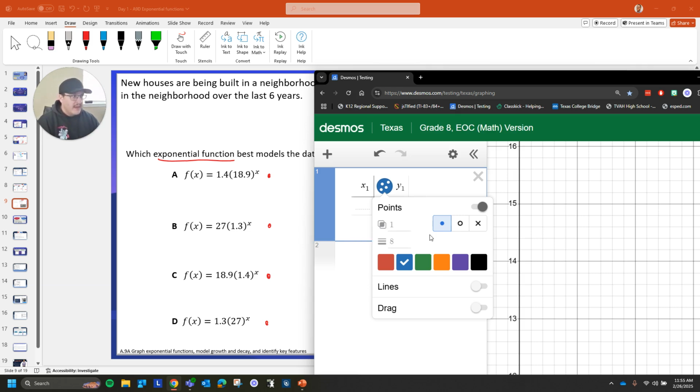You also have how thick the line is, how thick the points are going to be. You also have the different colors you can set it to, whether the dots will connect or not, the type of lines you want, whether it's dashed, dotted, whatever. And again, opacity and how thick the lines are.